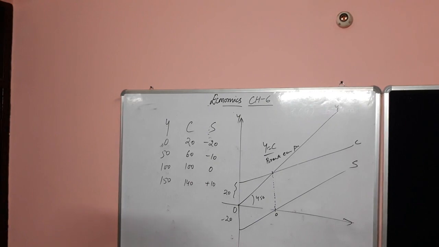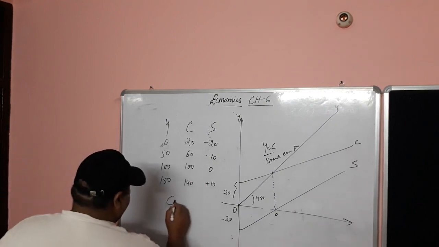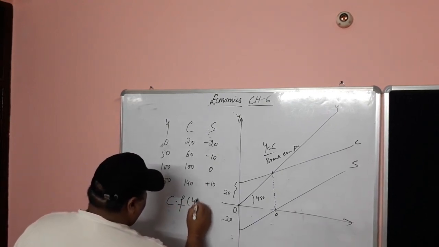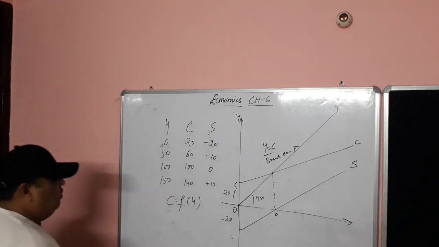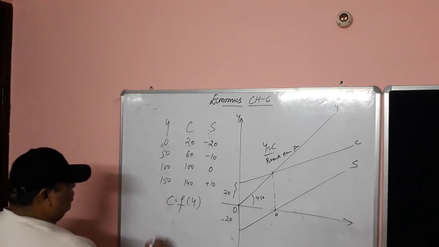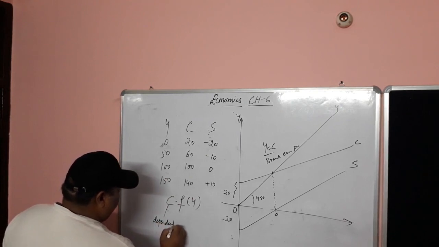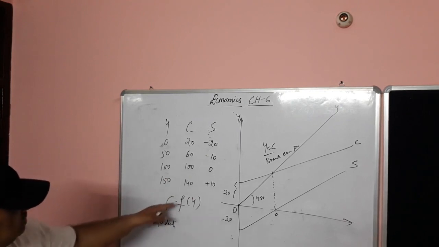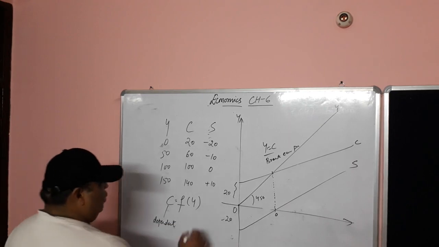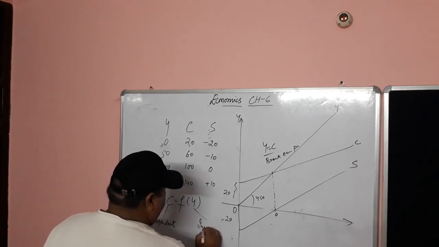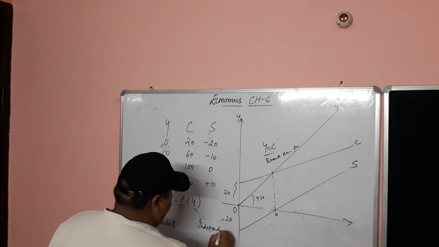So we say consumption is a function of income. When your income increases, consumption changes, so consumption is the dependent variable, which depends on income, and income is the independent variable.